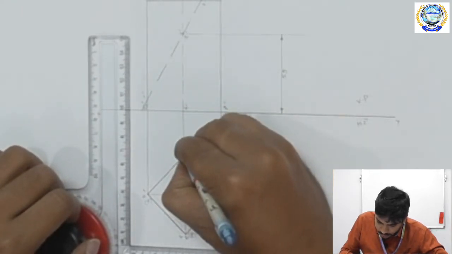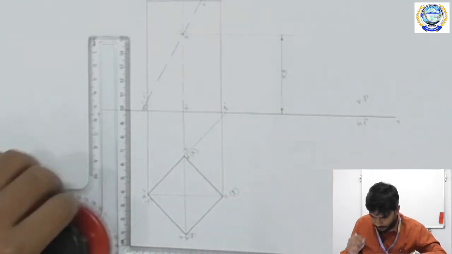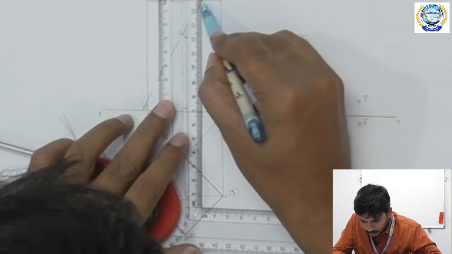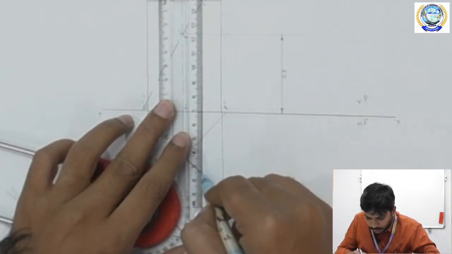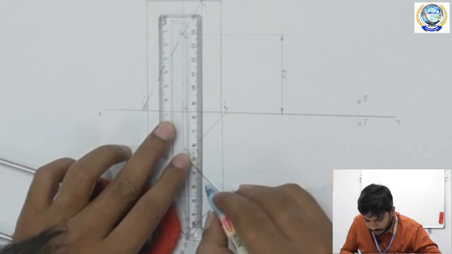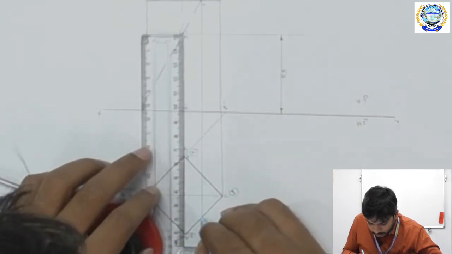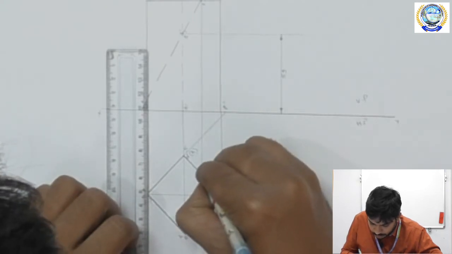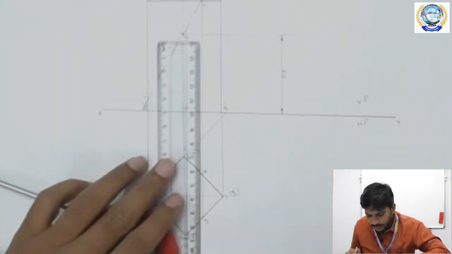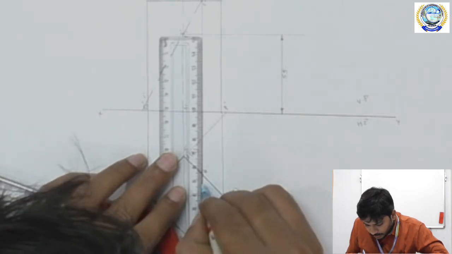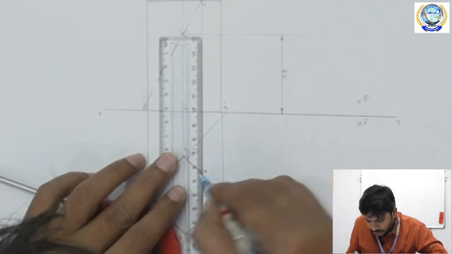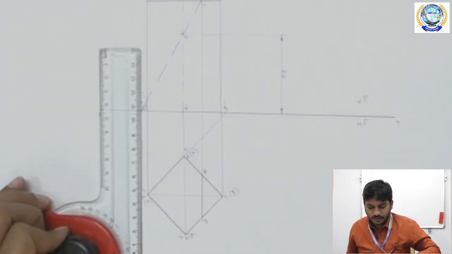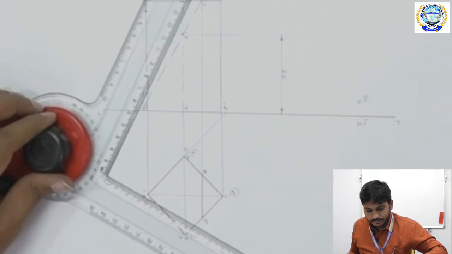So here one more point, that is 5, and the third point, 3 and 4, are coming like this. This one is 3, this one is 4. This is the final sectional top view of the diagram.